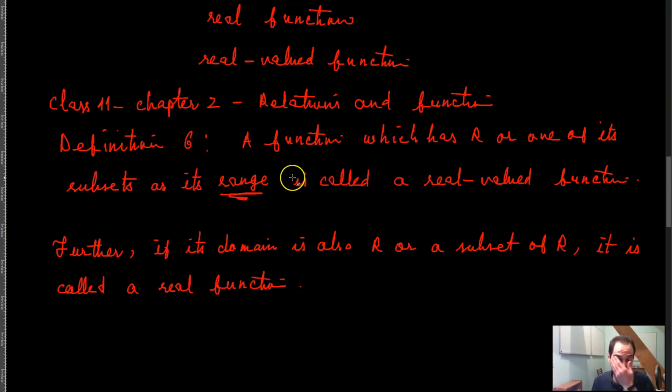So what that means is that a function which has R or one of its subsets as its range is called a real valued function. Now if the domain of this real valued function is also R or one of the subsets of R, then it's called a real function.